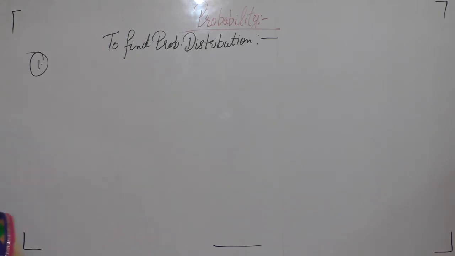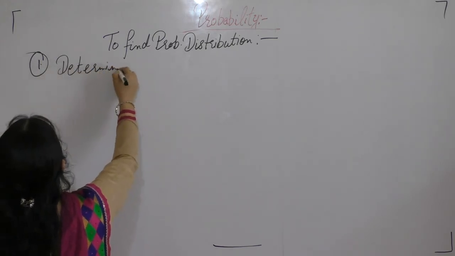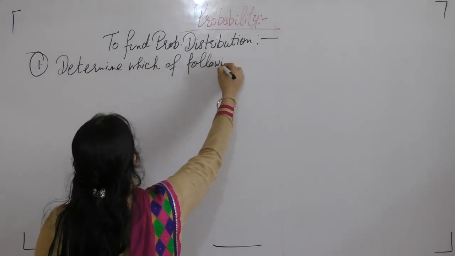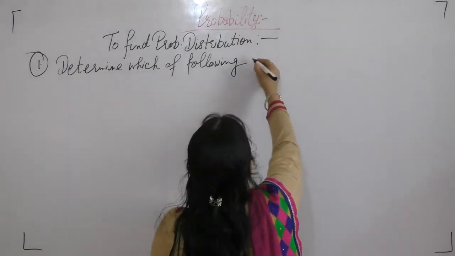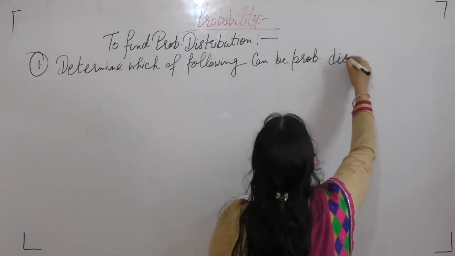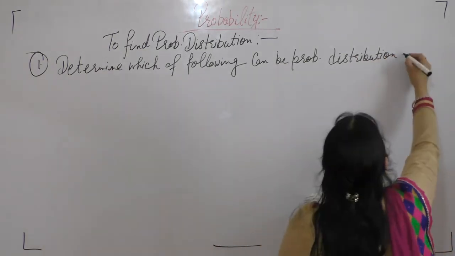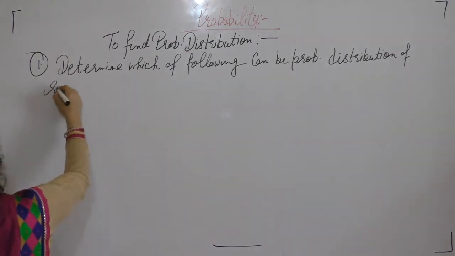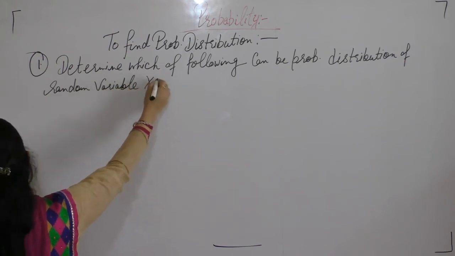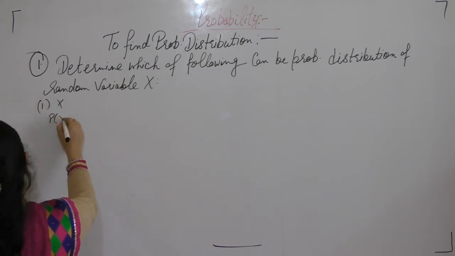Determine which of the following can be a probability distribution of a random variable x.